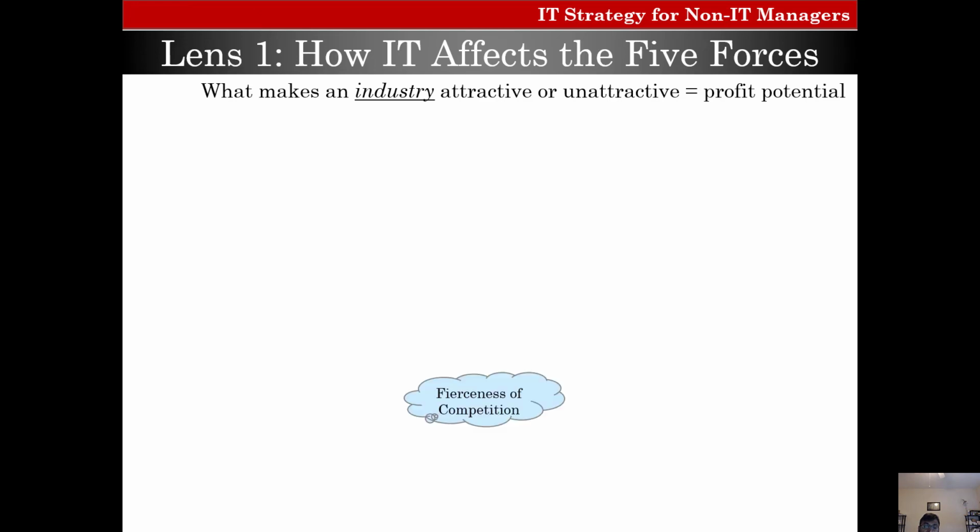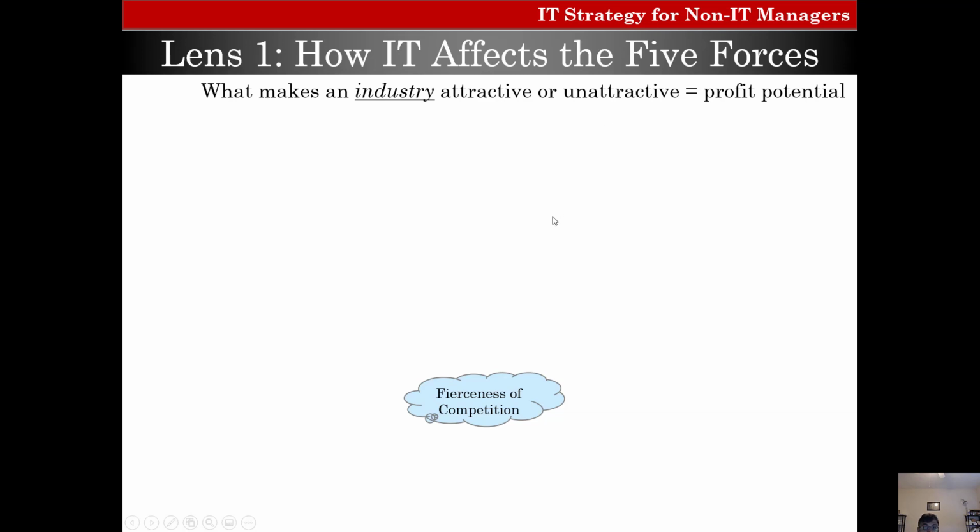We're going to look at the 5 different forces, and all of it comes down to fierceness of competition. The fiercer the competition, the smaller the profit potential, basically lower margins, because there will be pressure on price, and it makes the industry more unattractive for a firm.